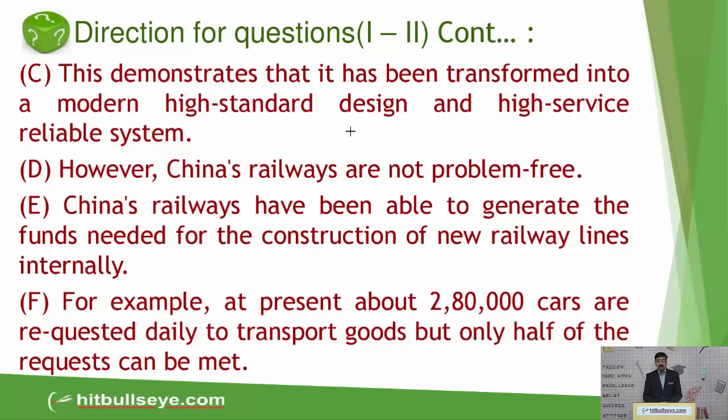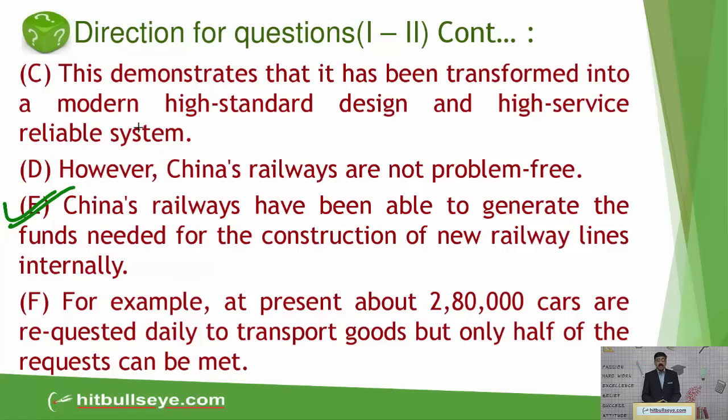After going through all 6 sentences, you will find the passage is talking about development in China's railway department. So the opener would be, in this case, E. E will open the sequence. Now E says that China's railways have been able to generate funds needed for construction of new railway lines internally.